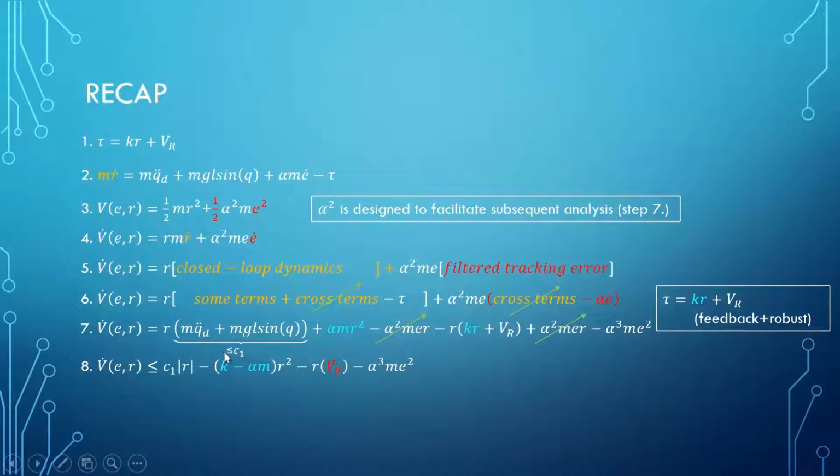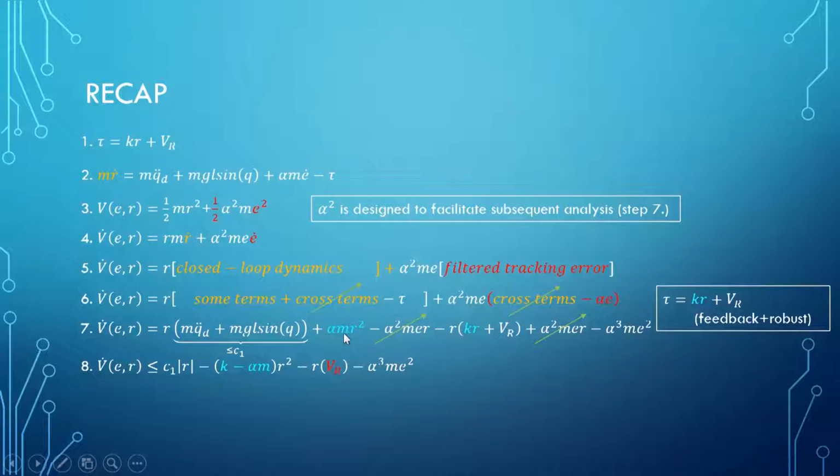We regroup terms according to good terms and bad terms. Good terms are the terms that can make V dot negative definite. Here you only have R, so that's a bad term.